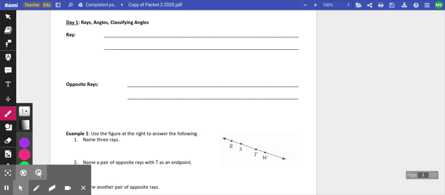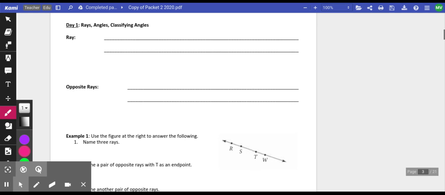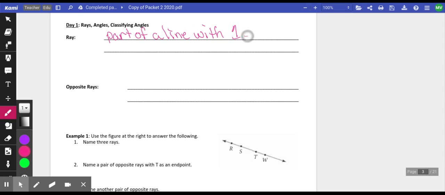So a ray is part of a line with one endpoint and continuing in one direction.